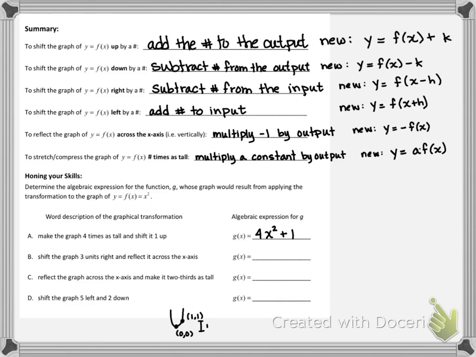Thank you. Uh-huh. So if I want to shift it 3 units right and then reflect it across the x-axis, this is horizontal and this is vertical. So I'm going to start with my input, which is x, act on that to get my horizontal transformation, then square it and work on my vertical transformation.